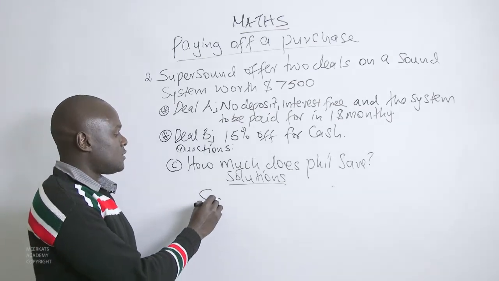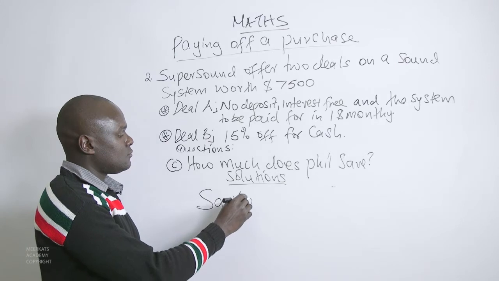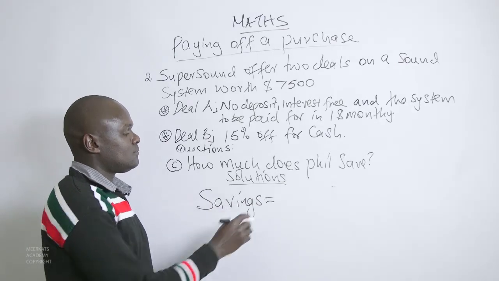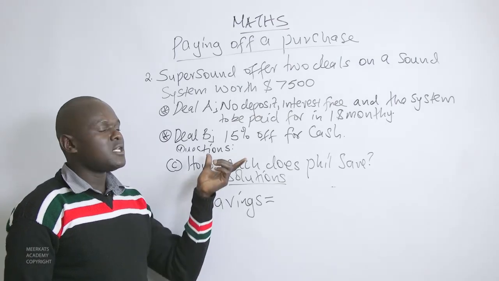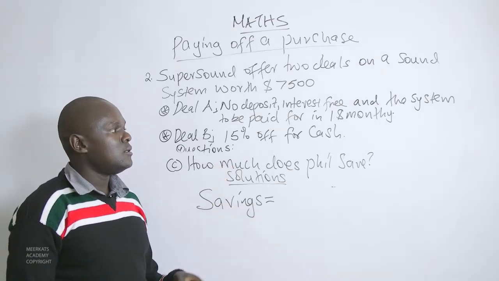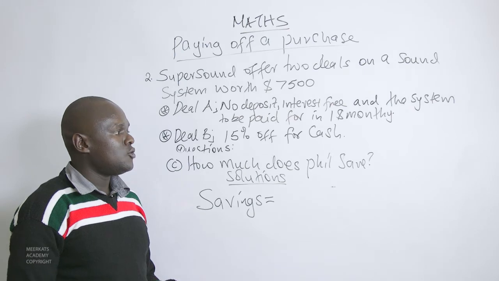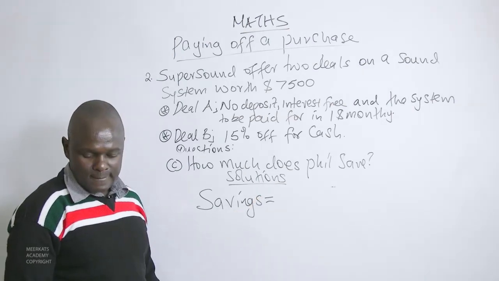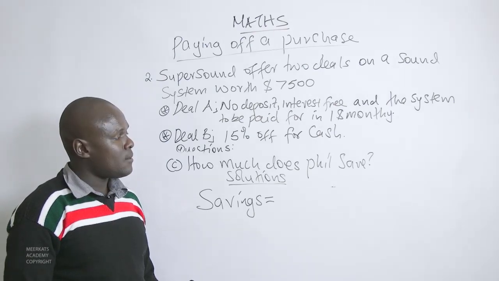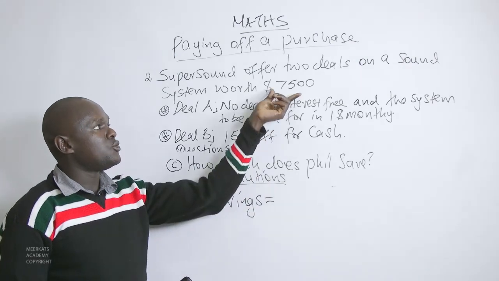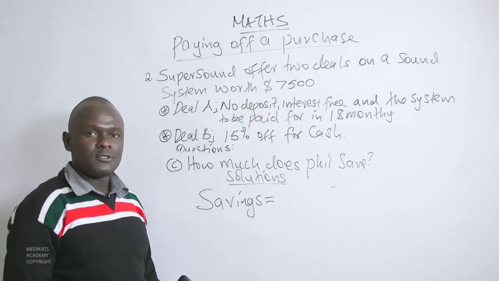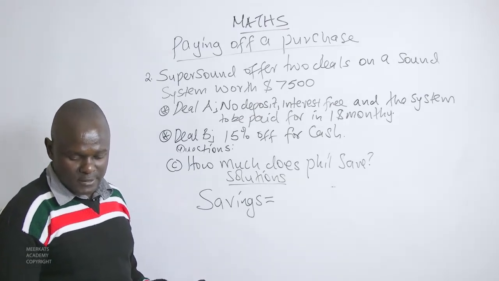We want to get savings. If Phil decided to use the second deal where he or she has paid $6,375, then the difference between that and the original price of the sound system is our savings.